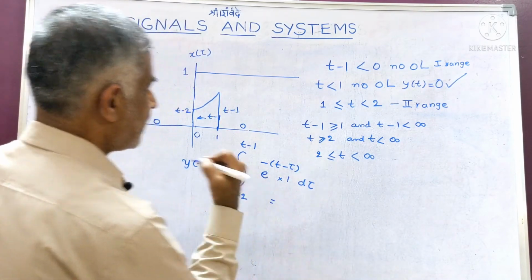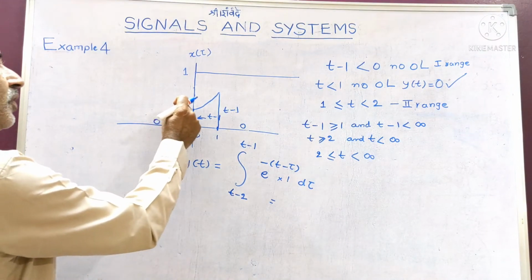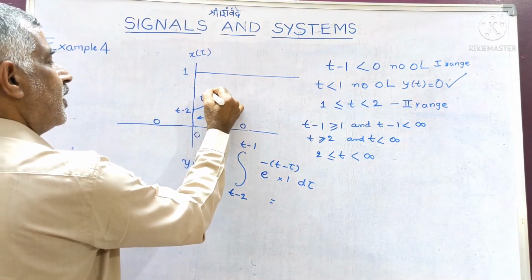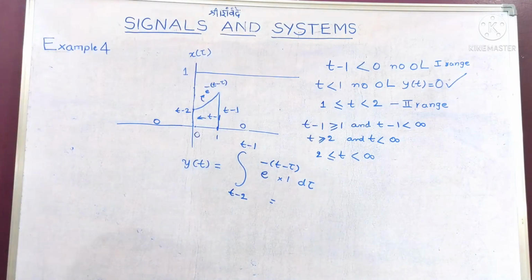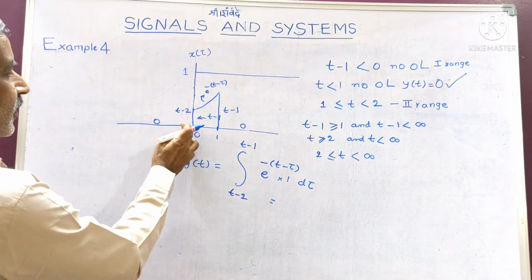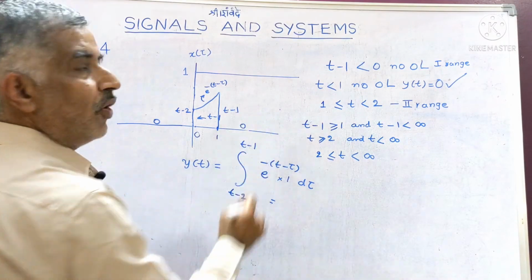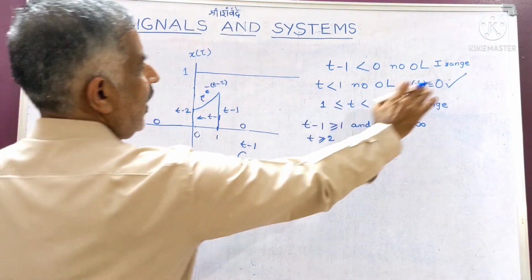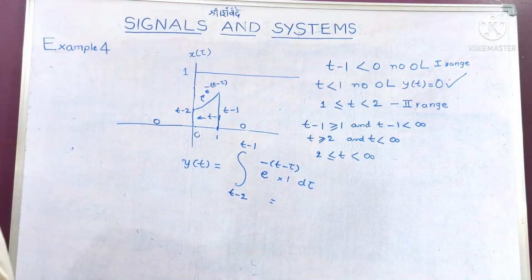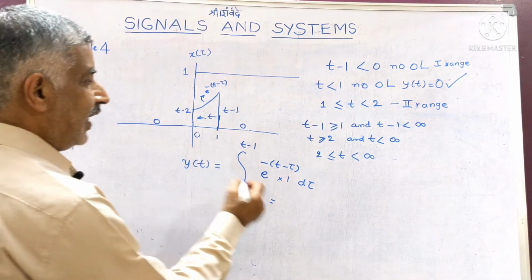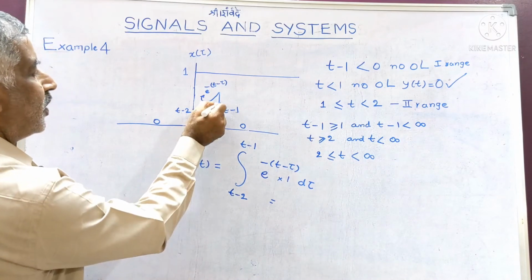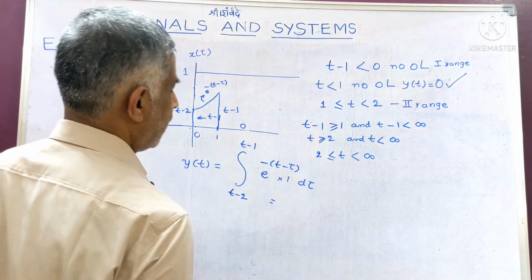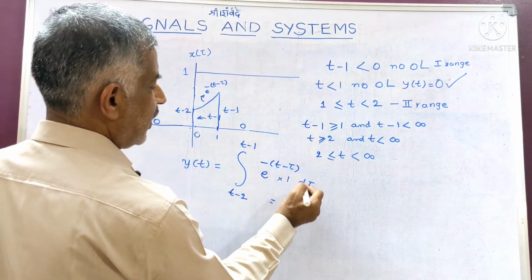Once again, this portion, e power minus (t minus tau), is contributing to the overlap, whereas on this side its value is 0, and this waveform has to be advanced towards infinity. Therefore, while writing the limits, you write t minus 2 to t minus 1, e power minus (t minus tau) d tau.